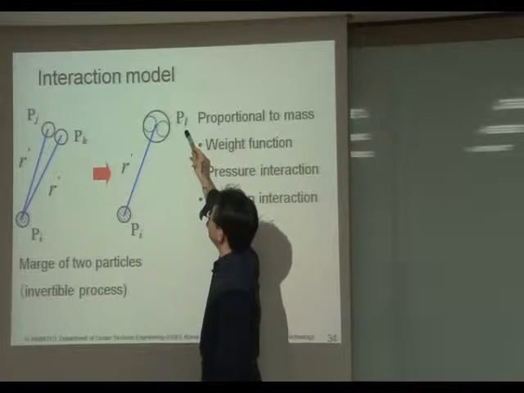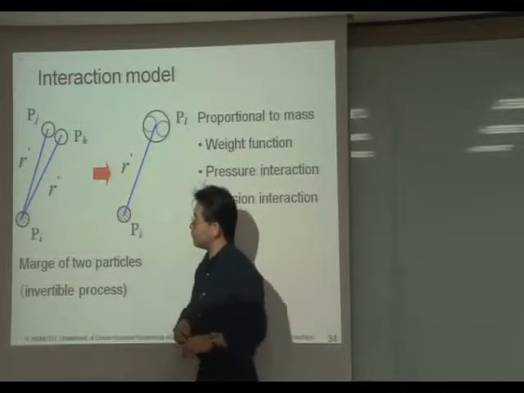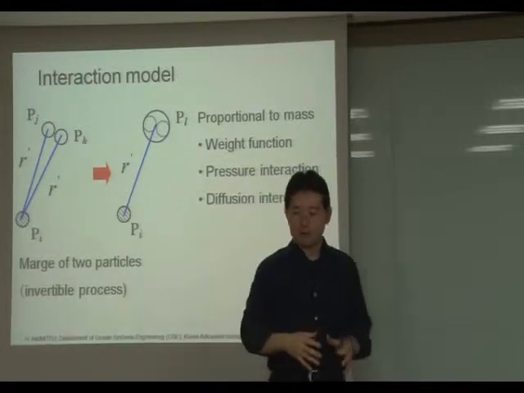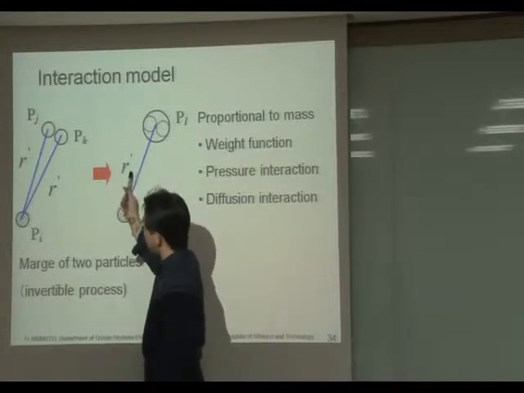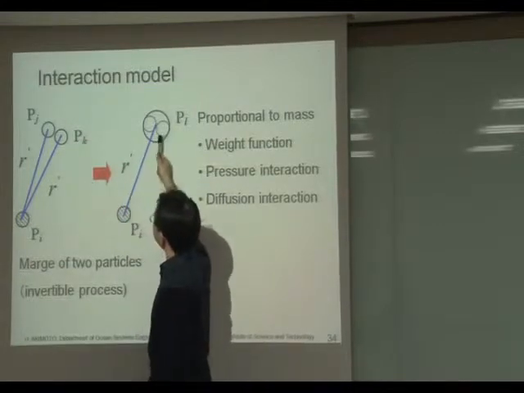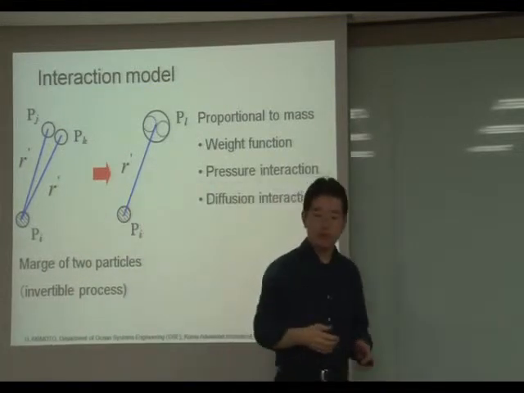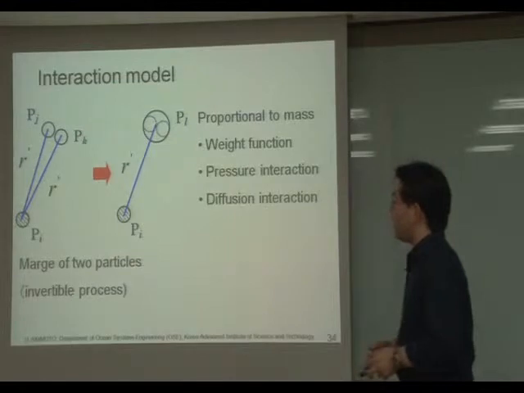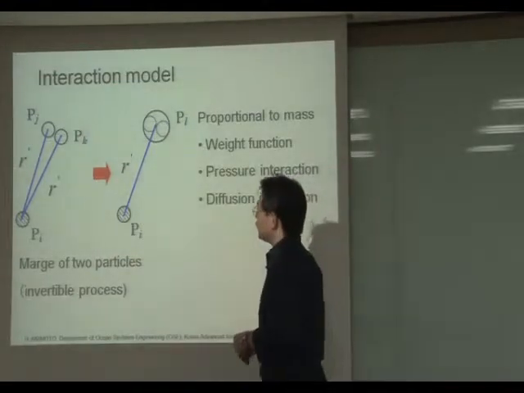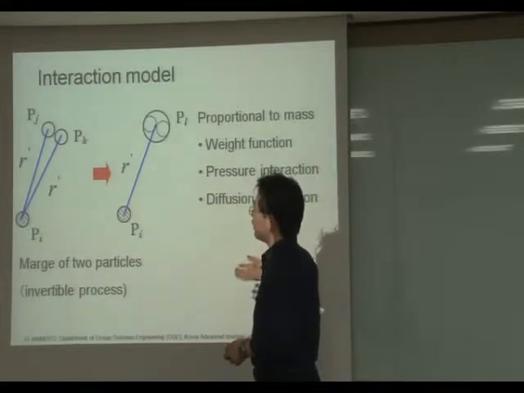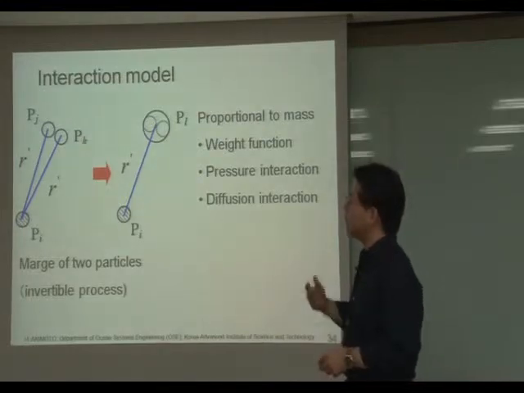It is particle L. So this direction is the merge of particles. And naturally, the other side of change from this one to this one indicates the division of particles for higher resolution.